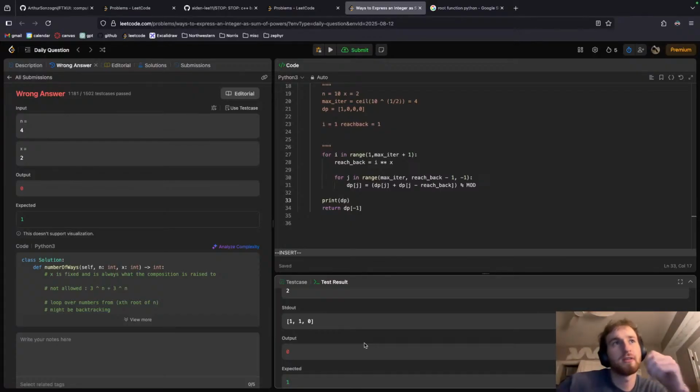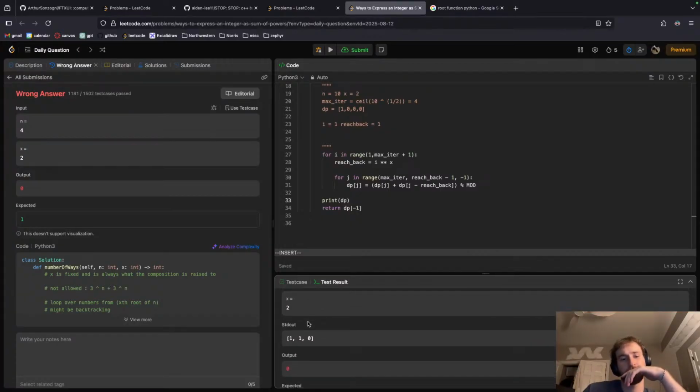Of course, there's no way to make... But that should just be a 1. What's the max iteration here?